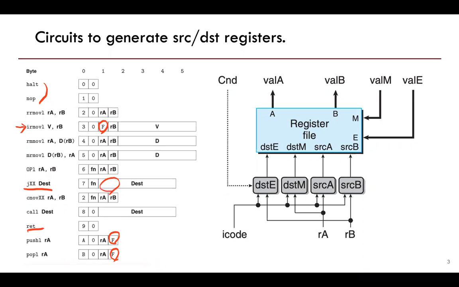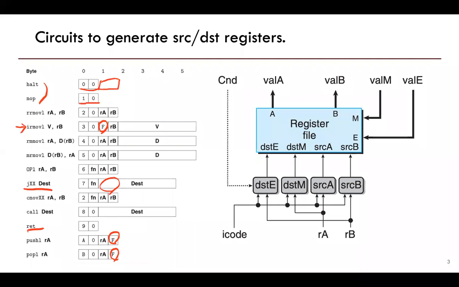And nop and halt instructions have only one byte, so we don't use byte 1 for register ID. But again, those instructions also don't have to read the register file. So we want to let the register file know this case.